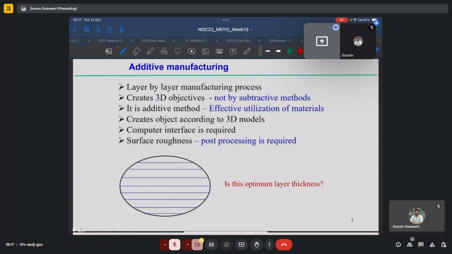And additive manufacturing creates 3D objects, but it should not have any subtractive or formative methods involved. So subtractive methods are when we are removing material from a primitive such as a cube or a cylinder, a cubical block or a cylindrical block to arrive at the final desired geometry. Whereas in additive manufacturing, we are only depositing the material in the required regions to end up with the final desired part.